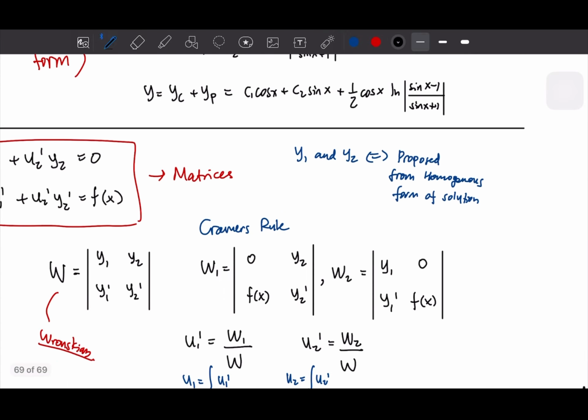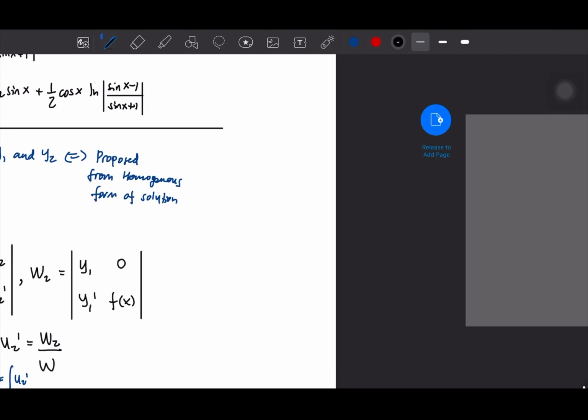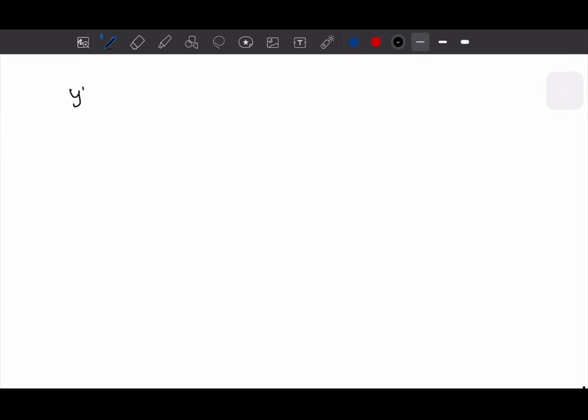Okay, let me go through y double prime minus 4y prime plus 4y equals (x plus 1) e to the 2x. Now in undetermined coefficients, we can solve this, I think not really difficult.